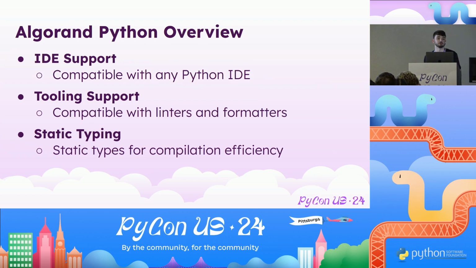We're using the Python language to target the AVM. So we have some slight differences when we develop on Algorand, like we have to use static typing. But because we're using static typing, all of the code that we write is fully syntactically compatible with Python. This means this code is intended to run in the Algorand virtual machine, but we can also write shim layers for testing to execute that code in the Python interpreter as well.